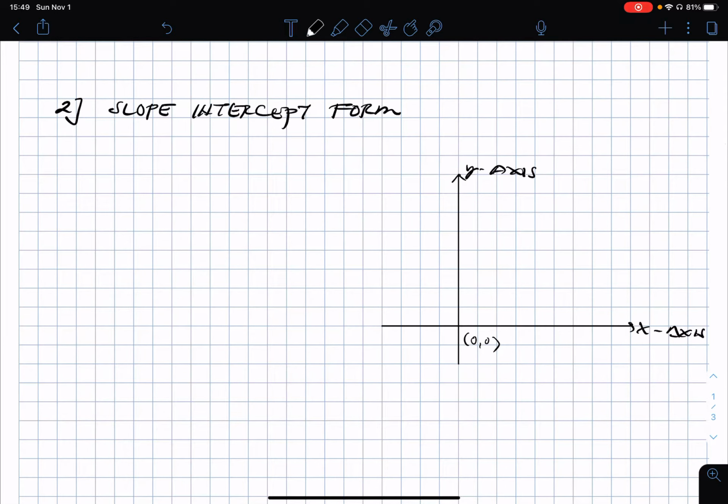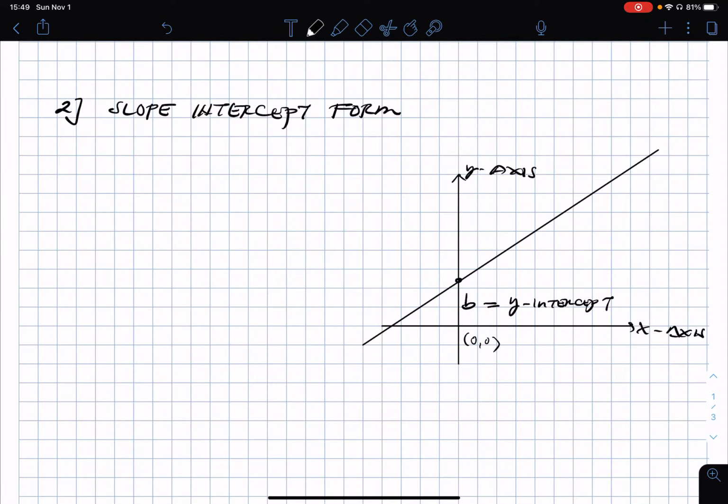Next, we have the slope intercept form. Again, you're given the x and y axis. Here's your origin 0. If we draw a line like that, the vertical distance from the x-axis to the point of intersection with the y-axis, we call that distance b, which is your y-intercept.